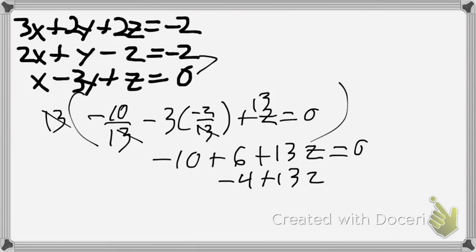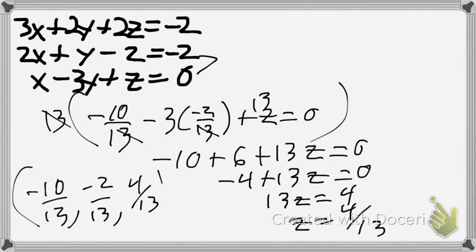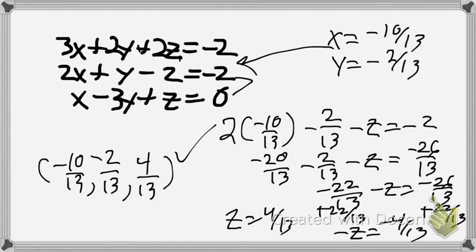That gives me negative 4 plus 13z equals 0. 13z equals 4, or z equals 4/13. So even doing that, I get the same ordered triplet: negative 10/13, negative 2/13, and 4/13. I think for a lot of you, clearing the fractions is going to be easier than keeping the fractions alive. Okay?